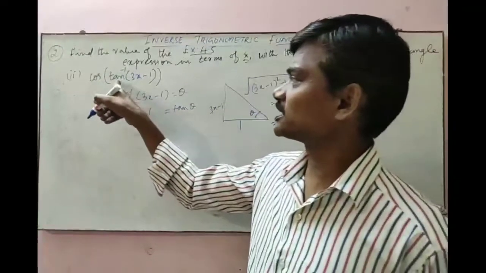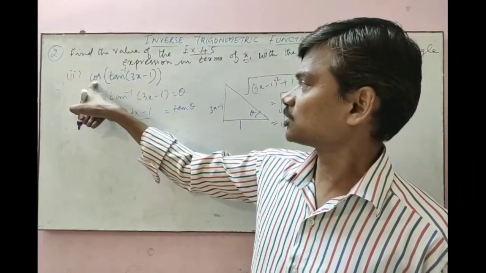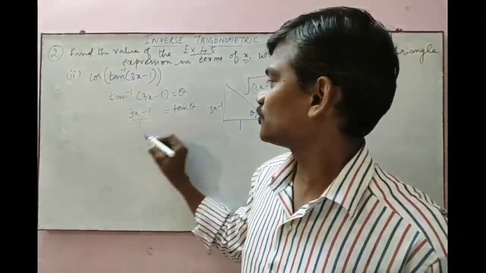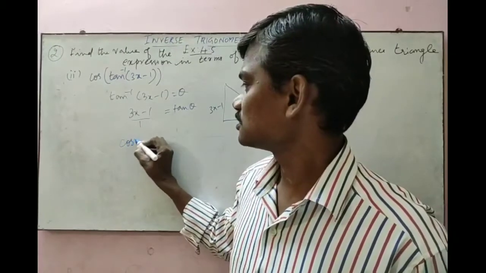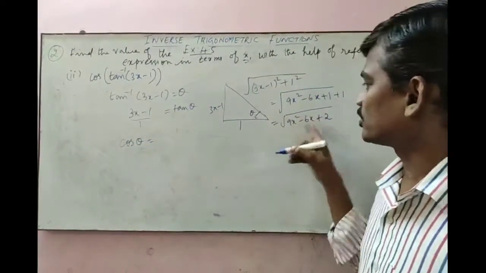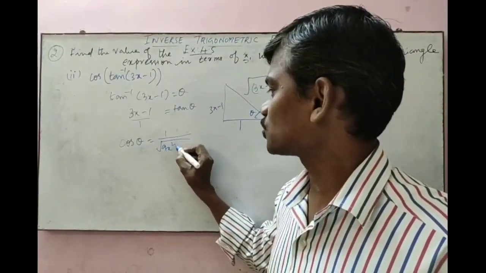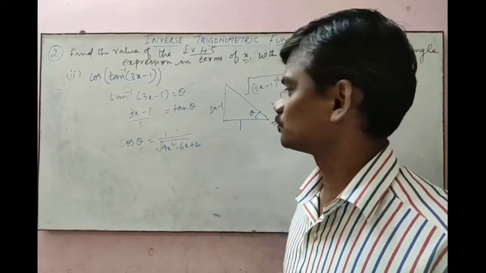I am going to convert this tan in terms of cos, because in the question we have cos. So cos theta equals adjacent by hypotenuse, that is 1 by root of 9x square minus 6x plus 2.